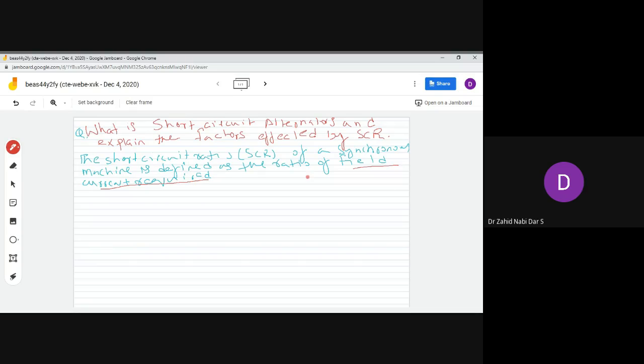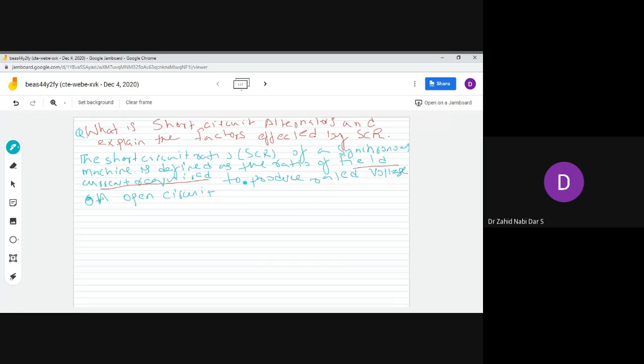Field current required to produce rated voltage on open circuit.